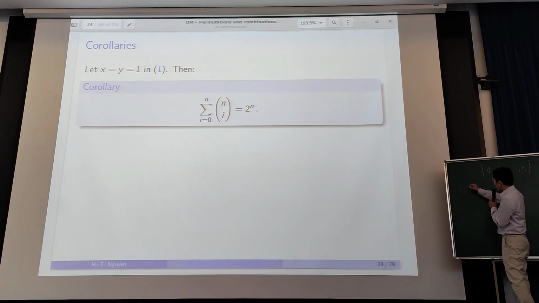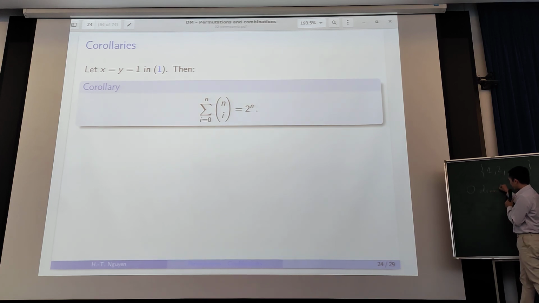Okay, so we count the subsets of 0 elements, of size 0. How many such subsets do we have? We have, by definition, n choose 0. Okay? So subsets of size 1, we have n choose 1. For subsets of size 2, we have n choose 2, and so on.